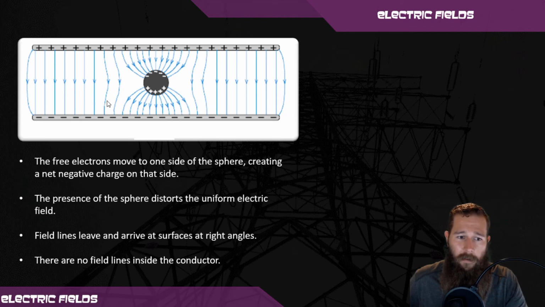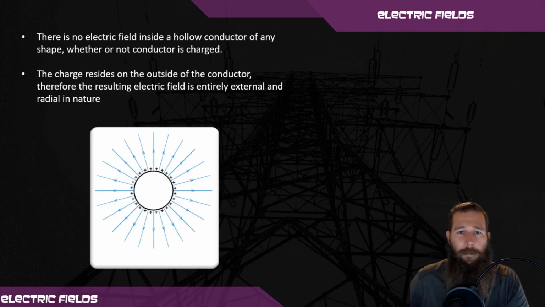Closer to the sphere, the field lines are slightly distorted, like seen here. The electrons move to the top of the sphere. The bottom of the sphere becomes positively charged because there's an absence of electrons there, and the field lines are denoted like that. Okay, we've discussed this before, but there's no electric field inside a hollow conductor of any shape.